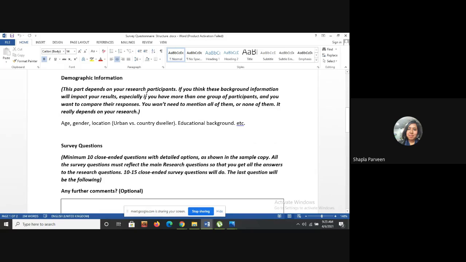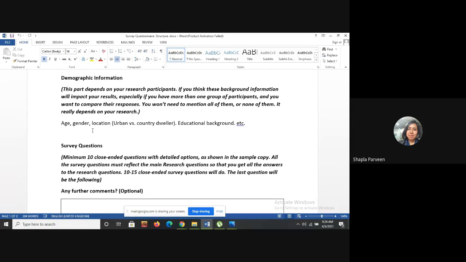If you think this background information will impact your results, the demographic information will include age, if your age range is given, and then location, like if they're urban dwellers or city dwellers, then educational background, then gender, whether it's male or female. These are demographic information.